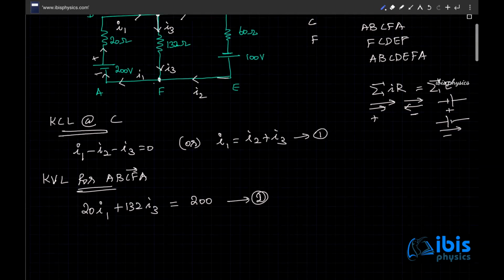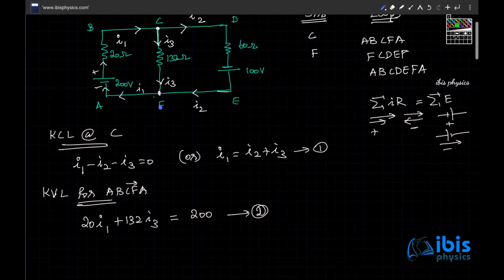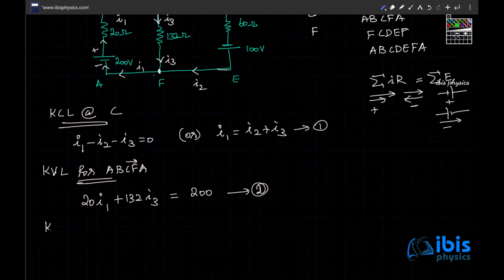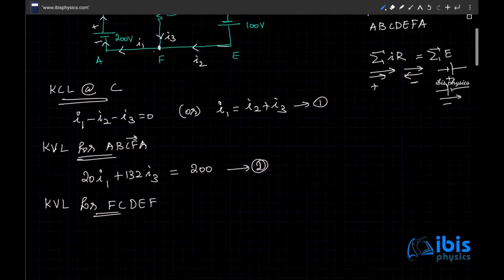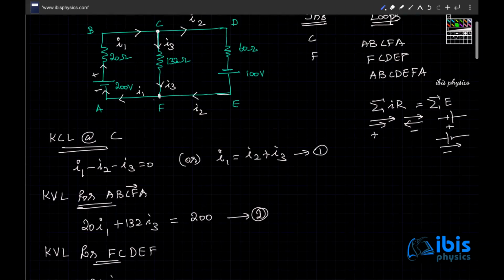Then the next loop is F, C, D, E, F. Apply Kirchhoff's voltage law for F, C, D, E, F. When you move from F to C, you and the current are in opposite directions, since the current is from C to F, so it is minus 132 I3. Then C to D, no resistor.